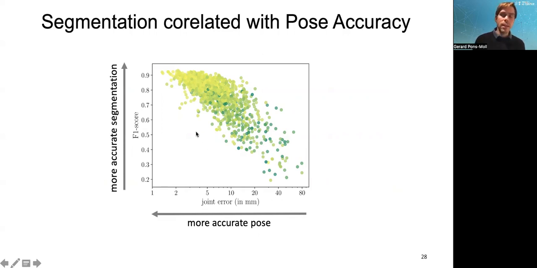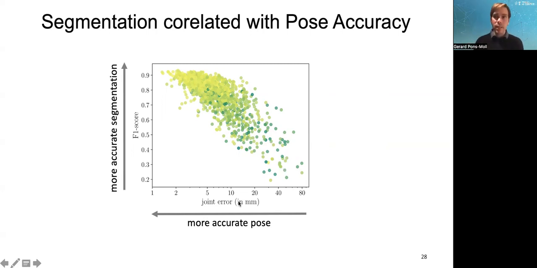We expect that the better the segmentation, the more up in the plot we are, the lower the error. And this is what we observe here. It's going in this corner. And the worse the segmentation, the higher the error. So we have an almost perfect linear correlation between the error in segmentation and error in 3D pose estimation.